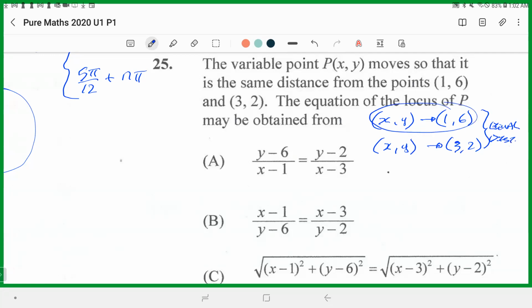What is this distance? It is the square root of the difference in x squared, which is x minus 1 squared, plus the difference in y squared, which is y minus 6 squared.